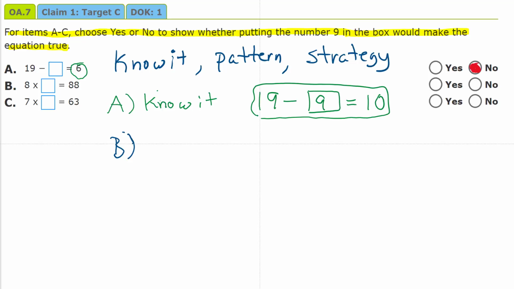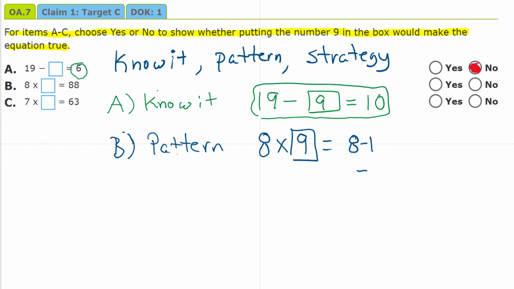For B, we're going to use a pattern to solve it. For B, we're going to go 8 times 9, that's what was in the square, is equal to what number? Well, we know that when you multiply a number by 9, the first number is always 1 less than the number you're multiplying by. So in this case, 8 minus 1 is 7.